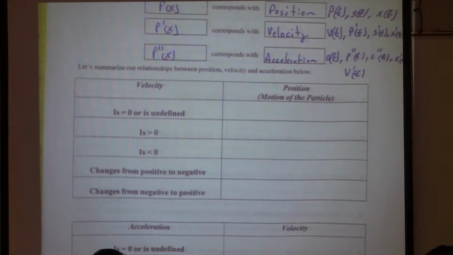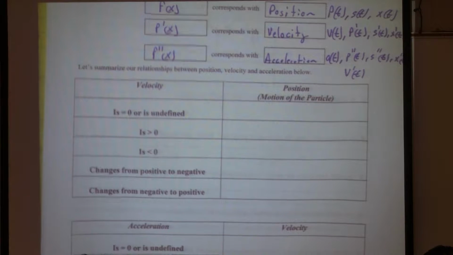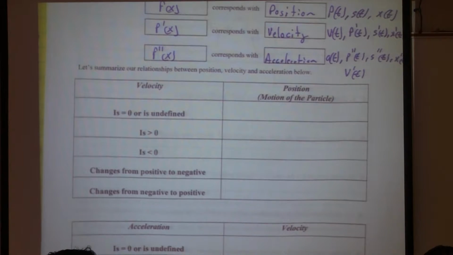The rate at which the velocity is changing. It's redundant because you can just say velocity.